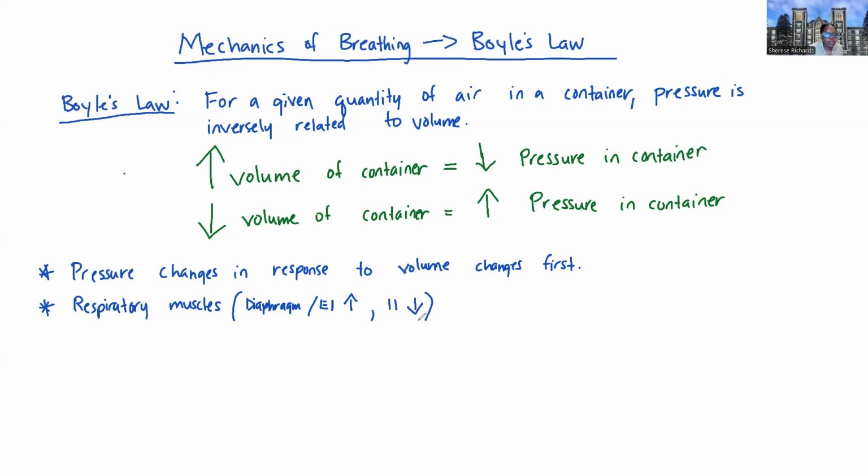Just to give some examples, external intercostals and diaphragm increase the volume, and internal intercostals decrease the volume. So this is essentially the respiratory muscles changing the volume first, and then the pressure changes as a result.